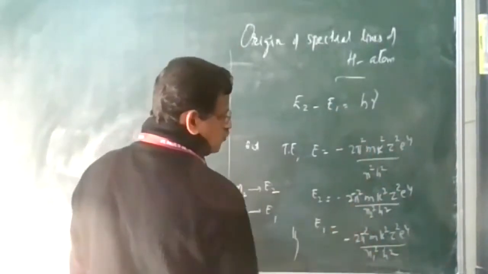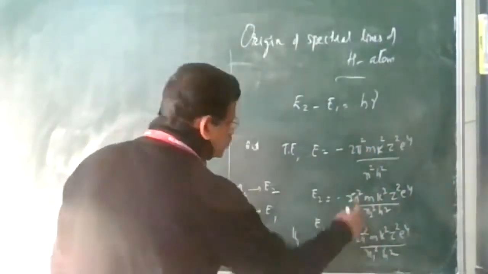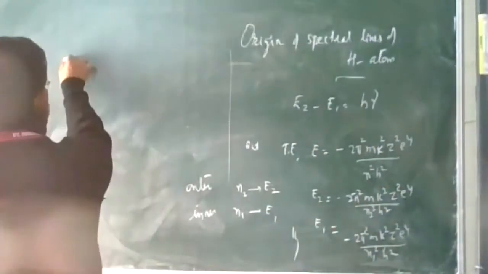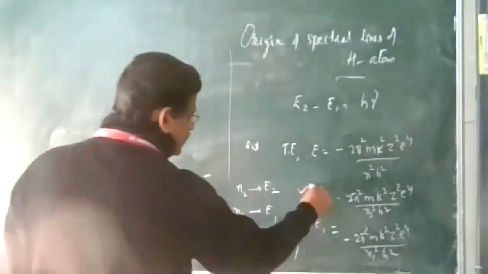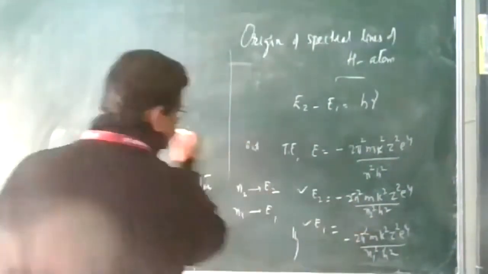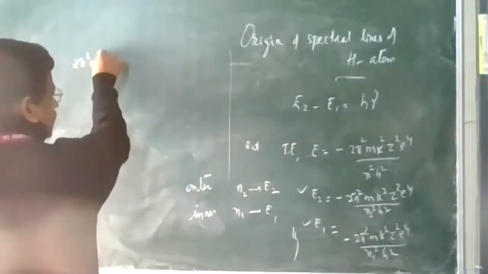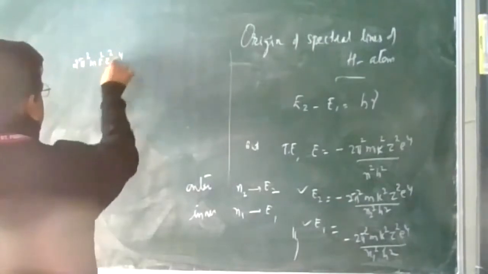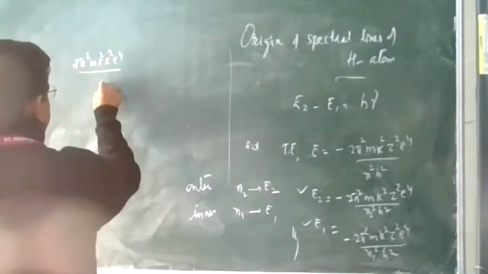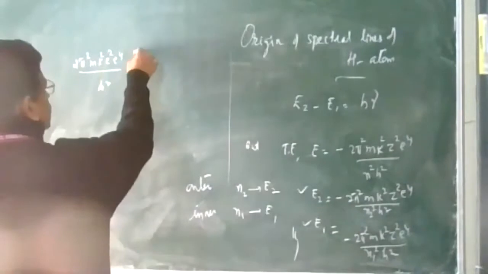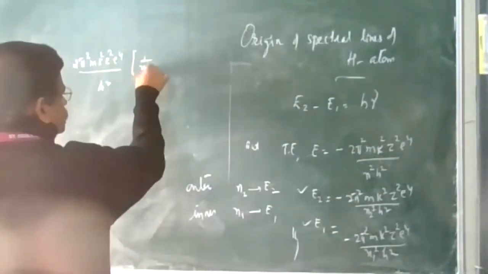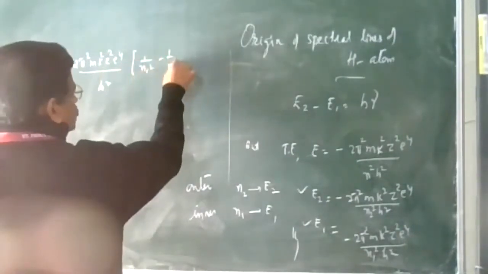Common things can be taken outside. When I write E2 minus E1, substituting, the common term 2π² m k² z² e⁴ divided by h² is common, and you have 1 upon n1² minus 1 upon n2².